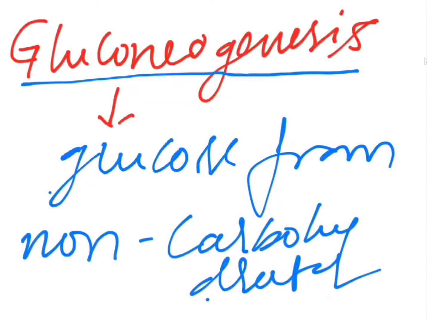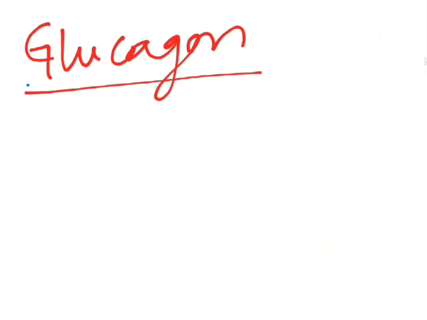So gluconeogenesis is nothing but formation of glucose. When there is excess formation of glucose through the hormone glucagon, it increases the blood sugar level. So that is why glucagon is also called the hyperglycemia hormone.